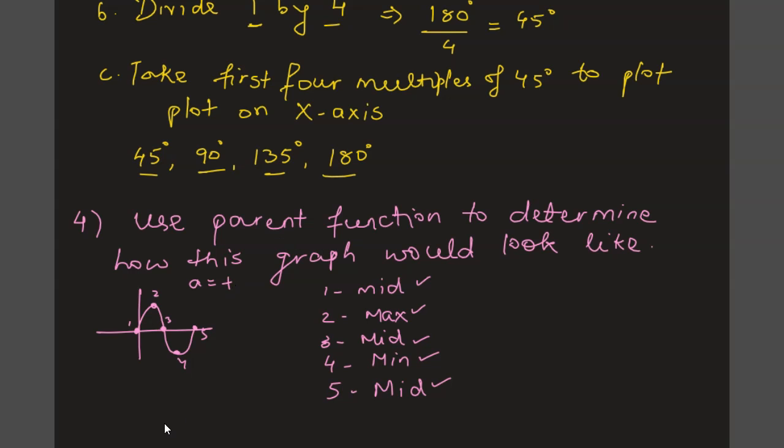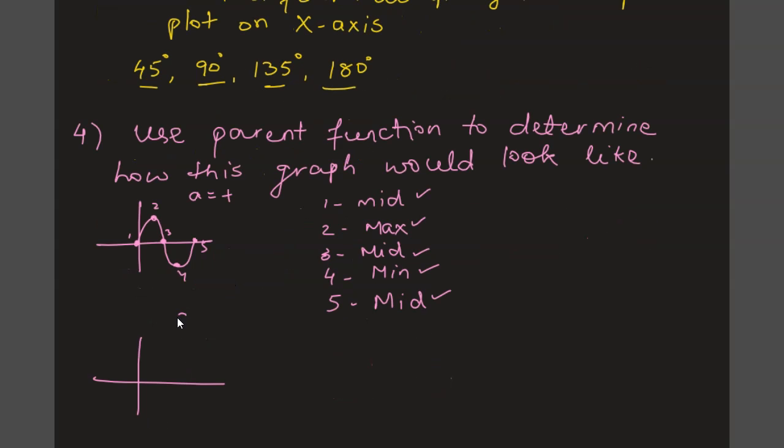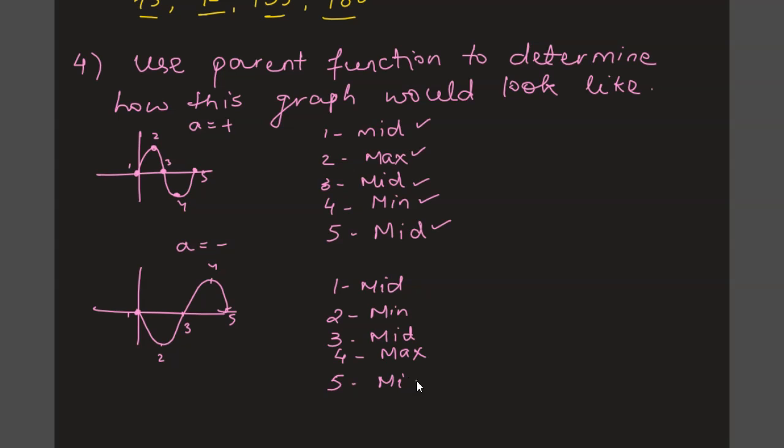How would the parent function graph change when the a value is negative? Because a is just going to make the graph reflect over the x-axis. So instead of going up, the graph will then go down. In that case, this is the first point, second point, third point, fourth point, and fifth point. The first point is mid, the second point is min, the third point is mid again, the fourth is max, the fifth is mid.